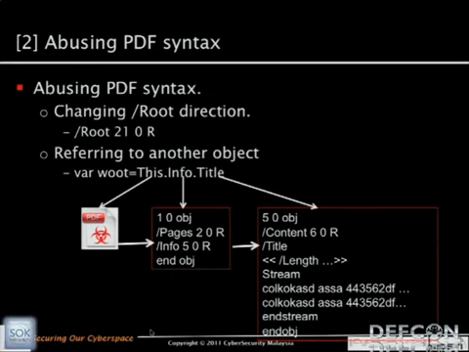And another thing is about referring to another object. For example, you notice the var here. The variable var is pointing to, not a function, it's pointing to an object called this.info.title, which is a kind of OO representation, where this normally refers to the object itself, the PDF itself, and .info always refers to another component, like for example this one, /Info, and /Info is a reference to object 5, so this is object 5, and then this is your title.